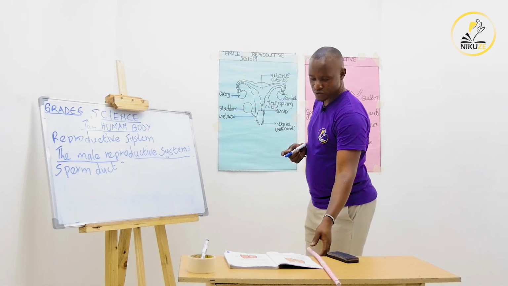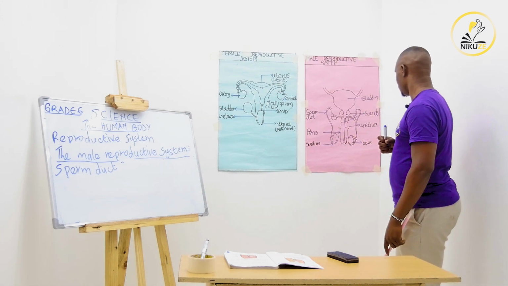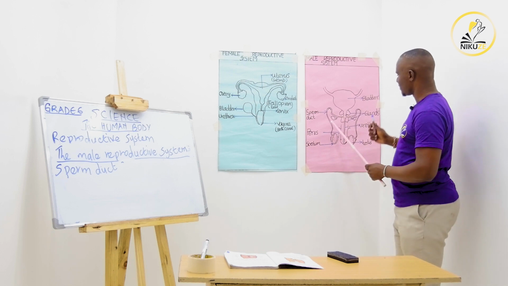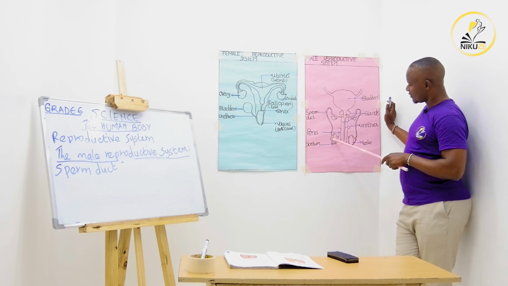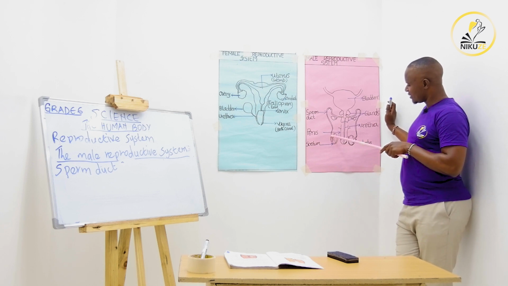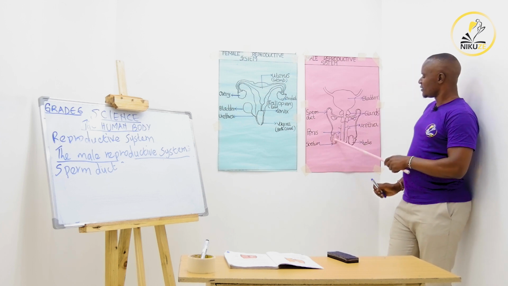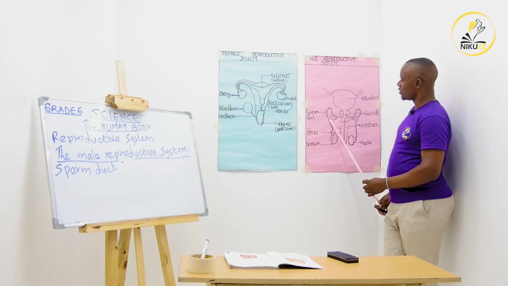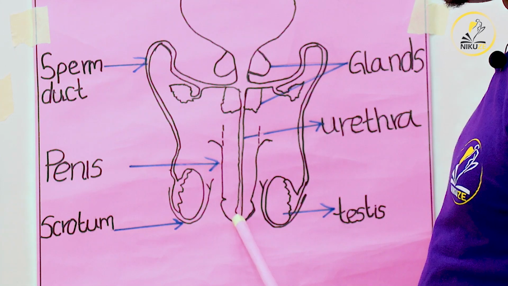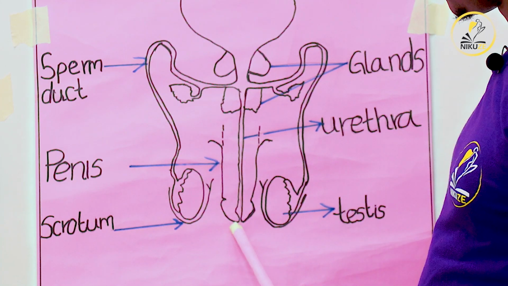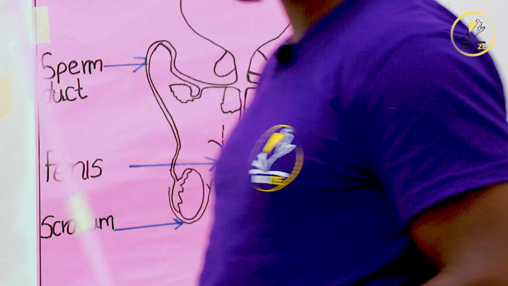So the sperm duct runs all the way from the testes, which are located inside the scrotum. Now this is the testis. From here the sperm duct runs all the way up to this point, and then it connects to the urethra. The urethra is here, and the sperm duct is at this point. Now what is the function of this sperm duct?